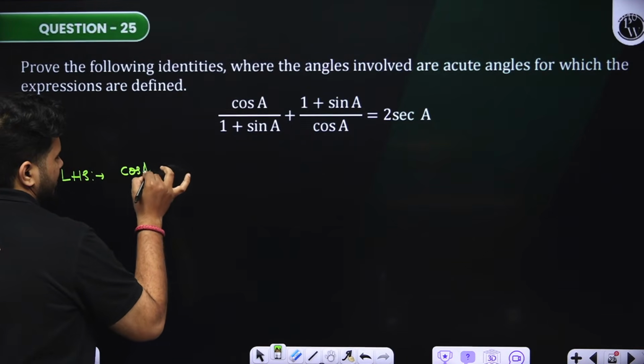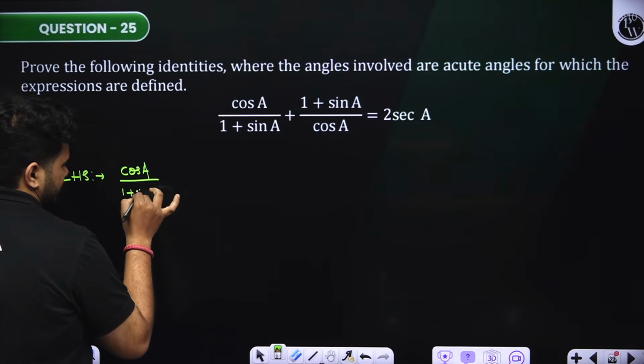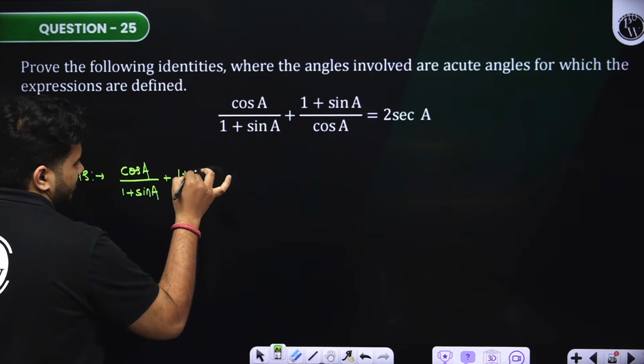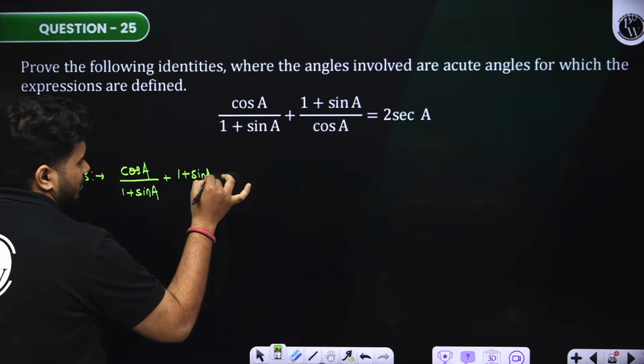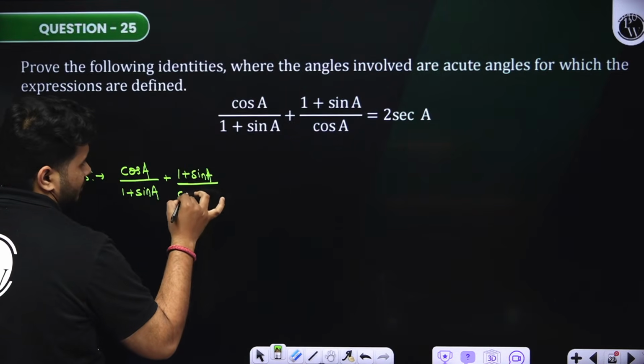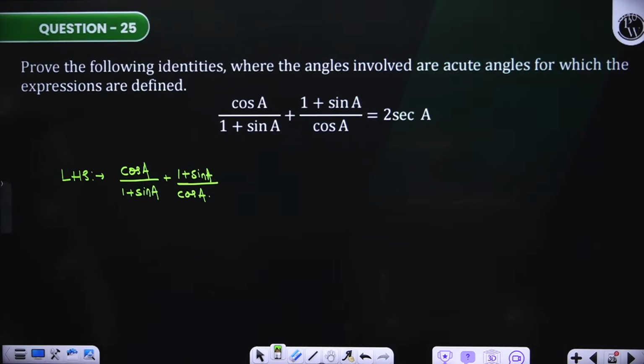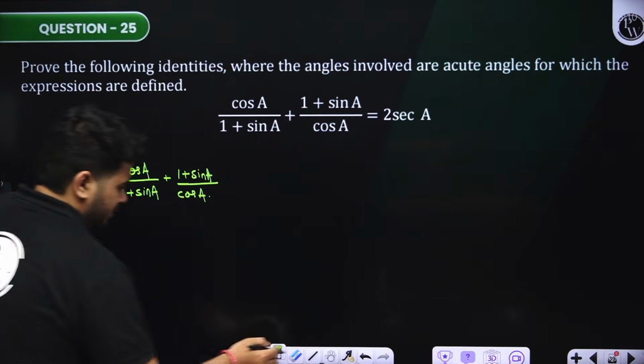cos A divided by 1 plus sin A, plus 1 plus sin A divided by cos A. Correct.